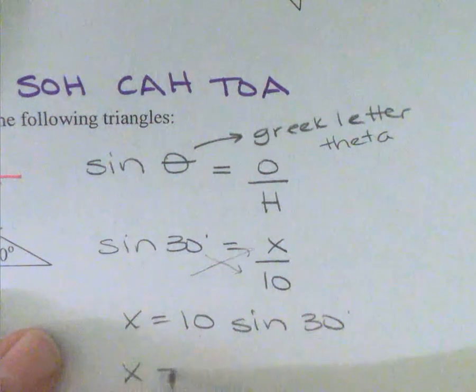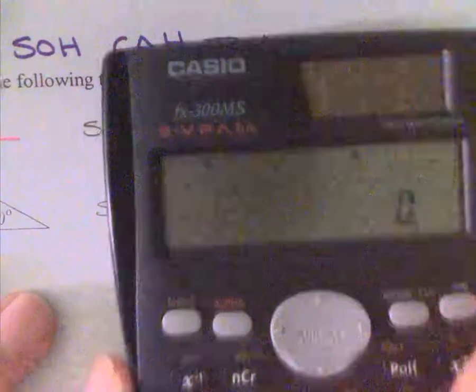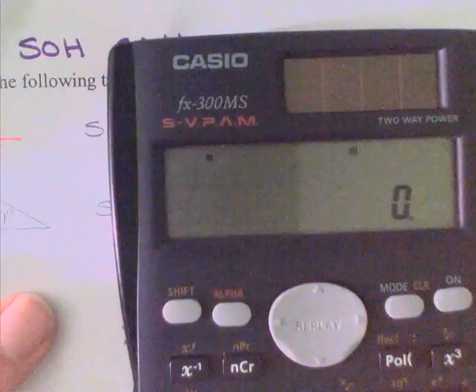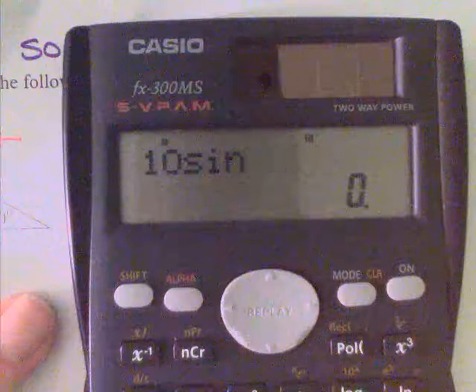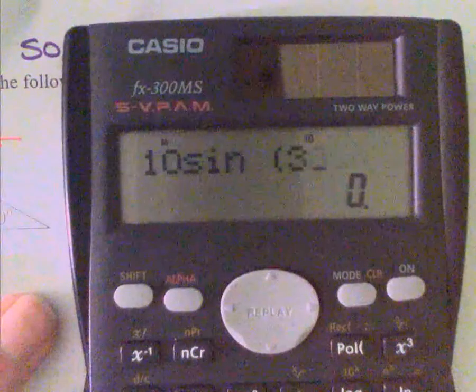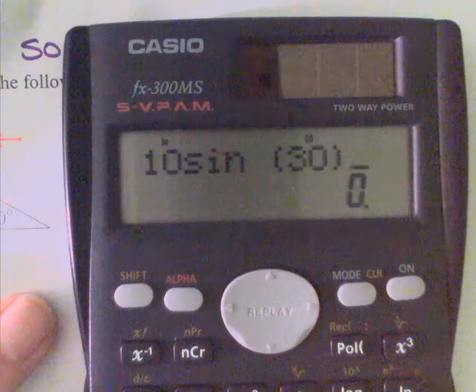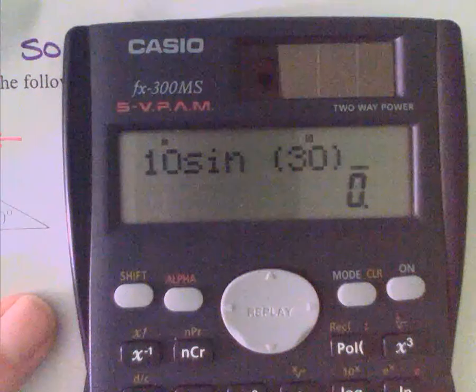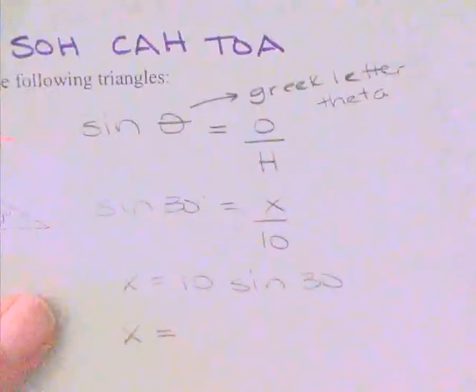So then I can say x is equal to, and then at this point I just plug it into my calculator. So I'm going to say 10 sine bracket 30 degrees close bracket. And then I'm going to hit equal. And I get 5 as my answer.